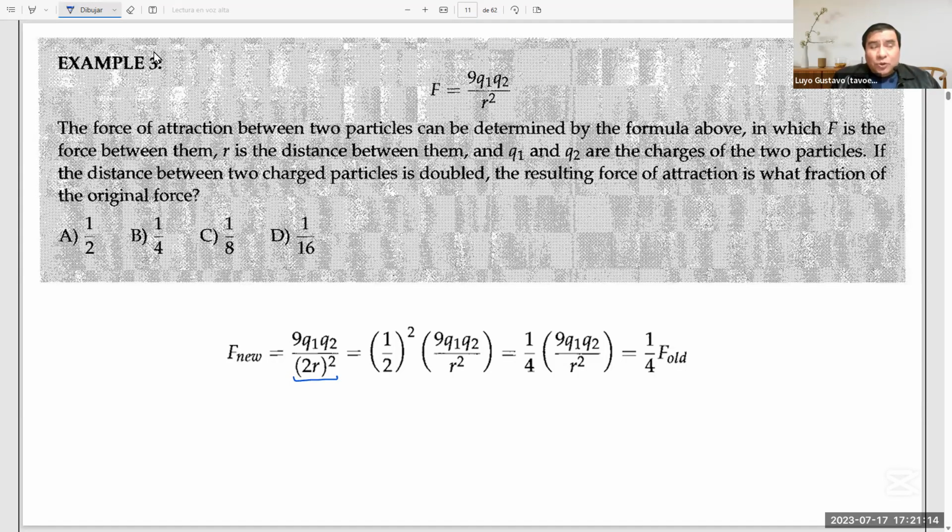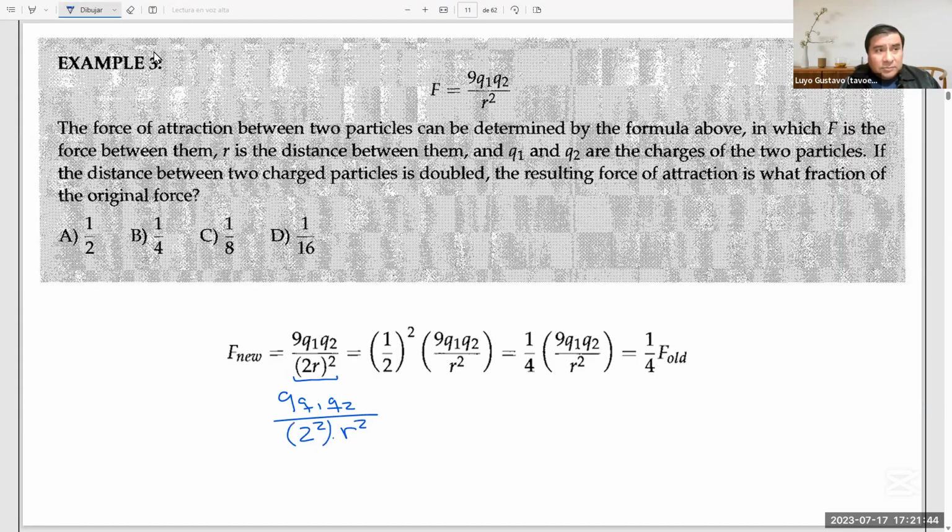And the 2 squared you can take out as a factor, which would actually be 1 over 2 squared, but 1 over 2 squared is the same as, obviously, (1/2) squared. So separating this, let me show you the intermediate step. It's like saying this is 9 times Q1 times Q2 divided by 2 squared times R squared.